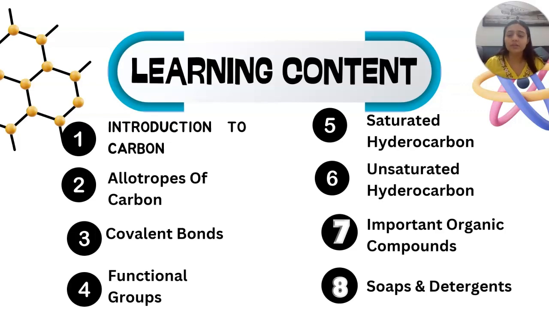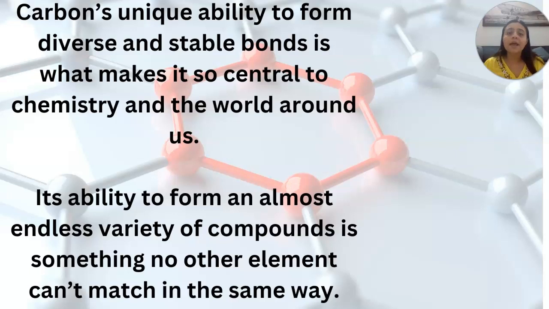So let's start with introducing carbon as an element. Carbon's unique ability to form diverse and stable bonds is what makes it so central to chemistry and the world around us. So why are we not talking about hydrogen, nitrogen, oxygen? Why are we giving so much significance to carbon? Because carbon is the hero element.